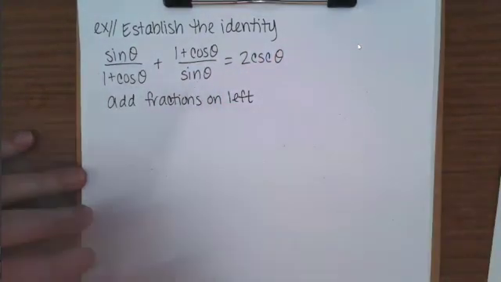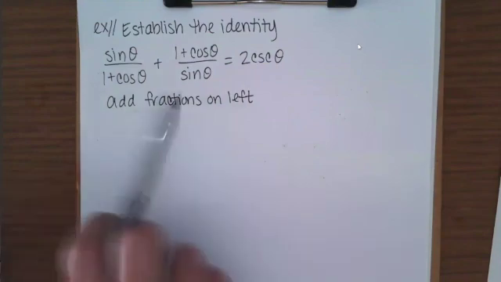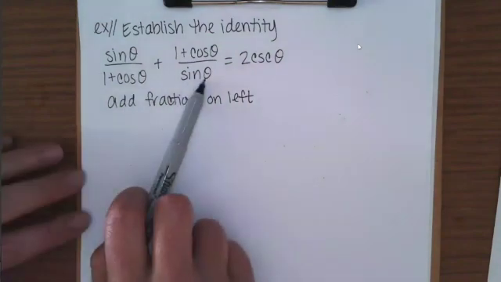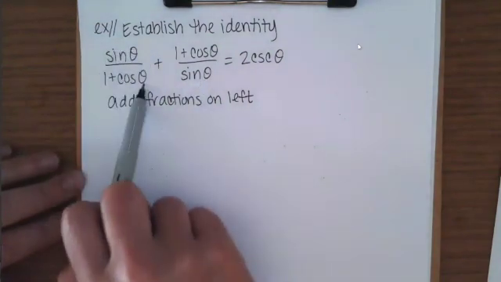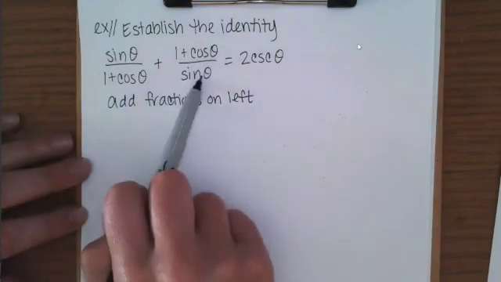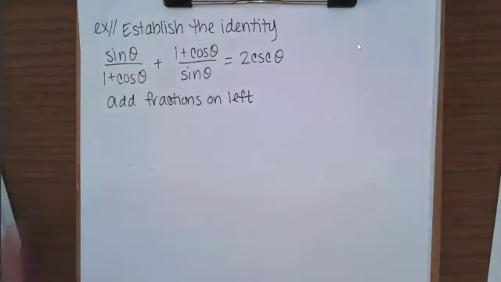In order to get common denominators, our common denominator is going to be 1 plus cosine theta times sine of theta. So this first fraction I need to multiply by sine over sine. This fraction I need to multiply by 1 plus cosine over 1 plus cosine.